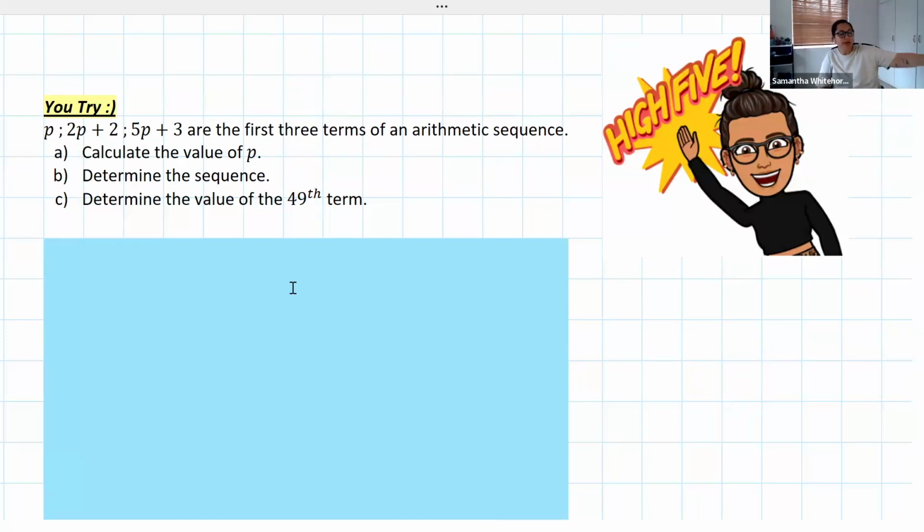And again, guys, like I said on Monday, we often like to introduce variables into our number patterns and our number sequences. So being comfortable with these sorts of questions is really important.